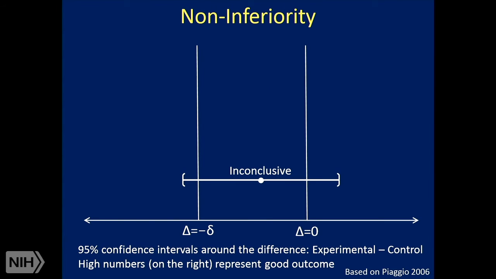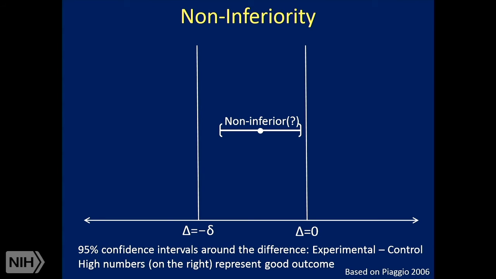If it covers either one, it's inconclusive. If it covers the minus delta, inconclusive. If it is here, because it's completely to the right of minus delta, it is non-inferior. That's the conclusion. The technical conclusion is non-inferior. The reason I put a question mark here is because, well, it's non-inferior, but it is completely to the left of 0. But technically speaking, you have shown that it is not inferior because it is completely to the right of the minus delta.